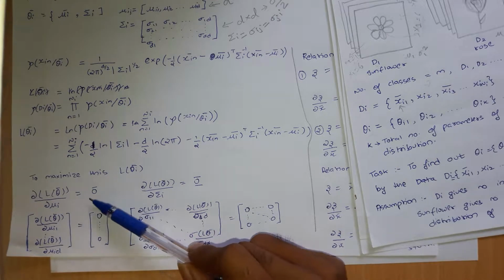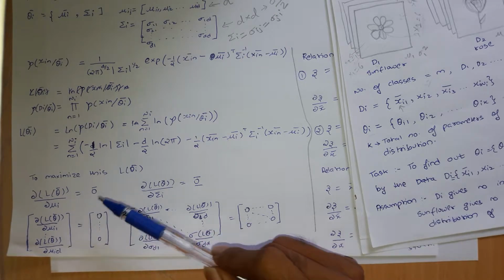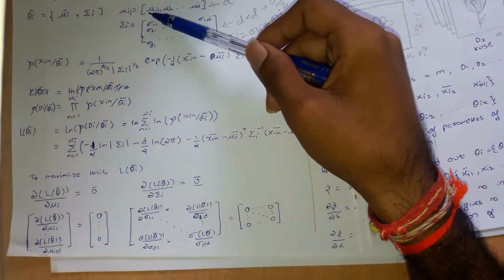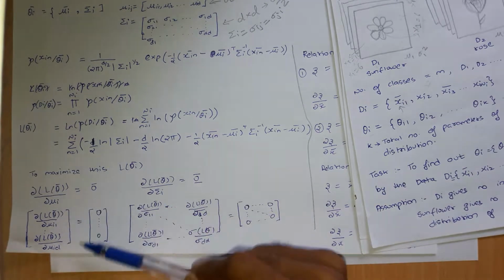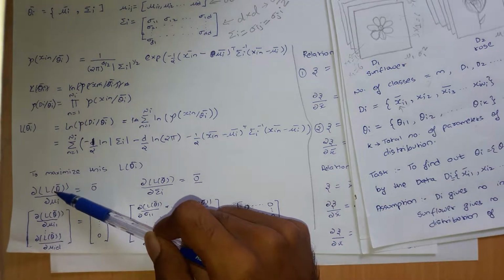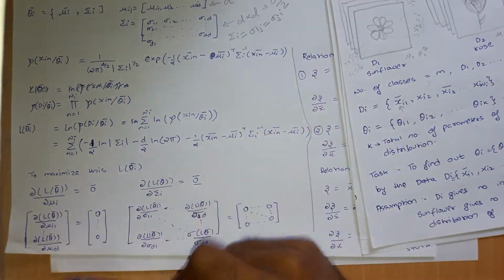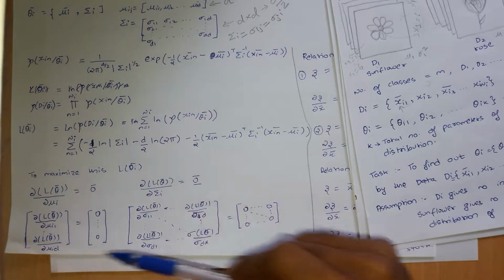This is going to be equal to a 0 vector, because you have to equate the differentiation with every mu_i to 0. So we differentiate with this, then this, then this, and equate everything to 0. This is going to be a vector.